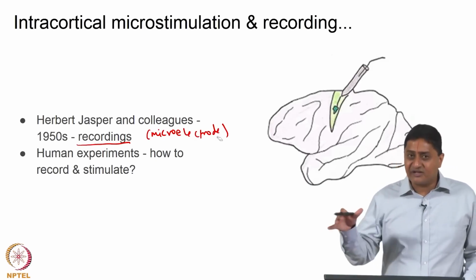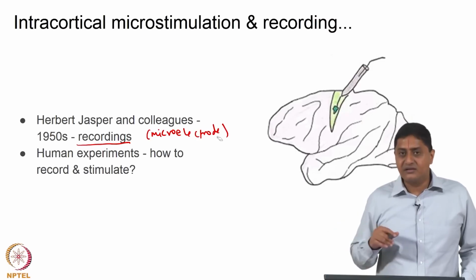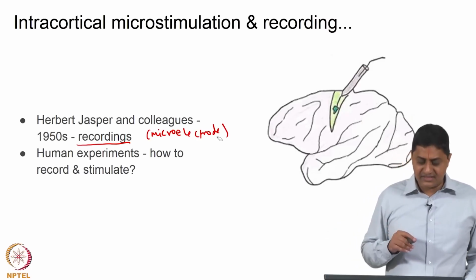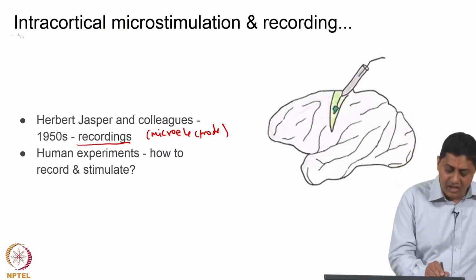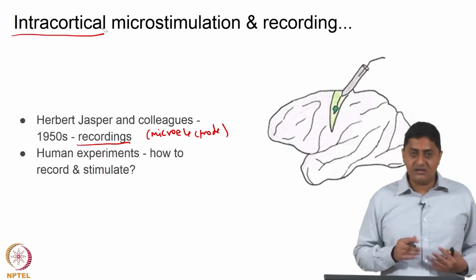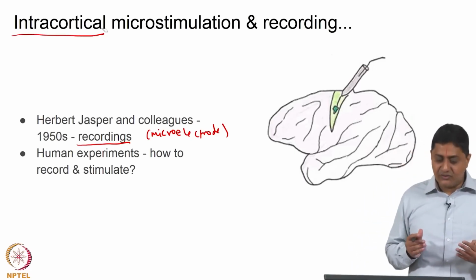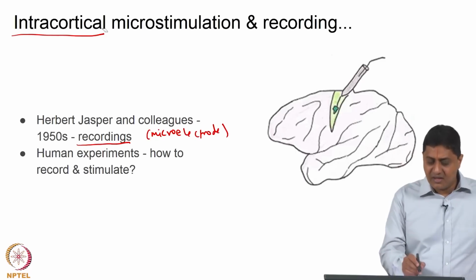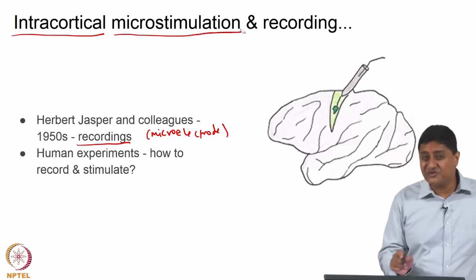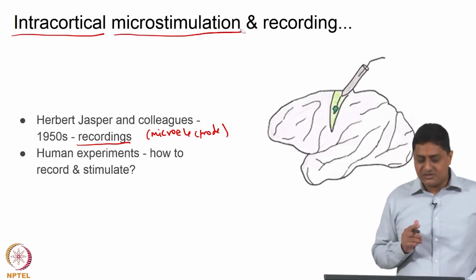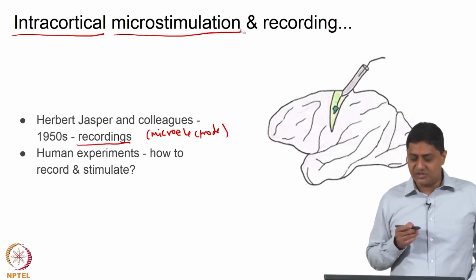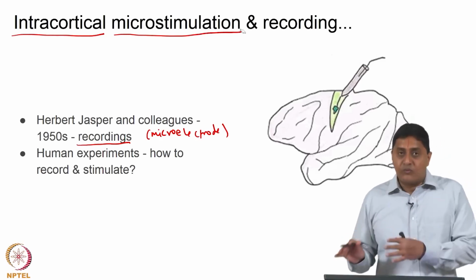And what would be the effect of such stimulation on the motor activity? That is called intracortical. Intra means within, cortical means cortex, right. So, intracortical microstimulation, stimulation that is achieved using a microelectrode, is one approach.